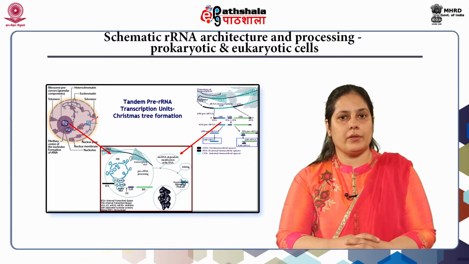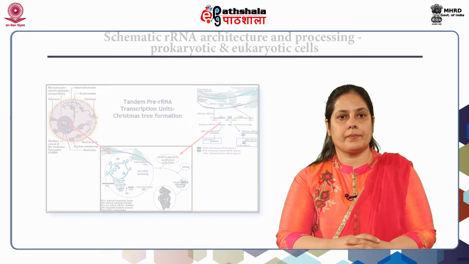The RNA fibrils are composed of associated proteins and RNA particles clumped to form the pre-rRNA processing unit that allows them to be assembled as ribosomal subunits.